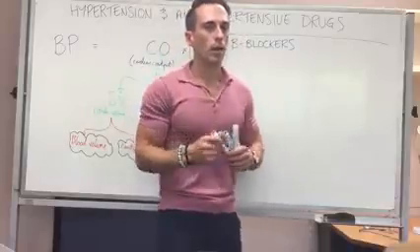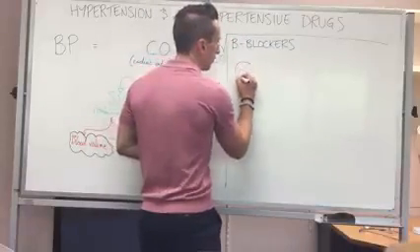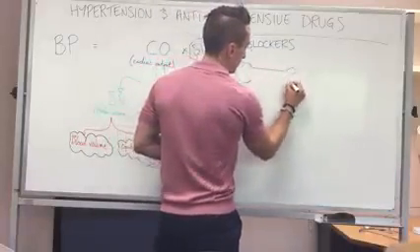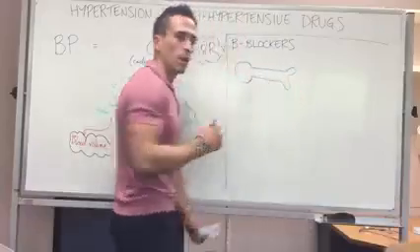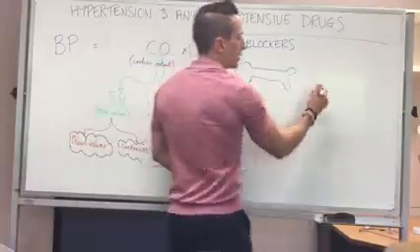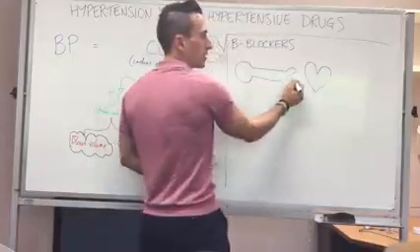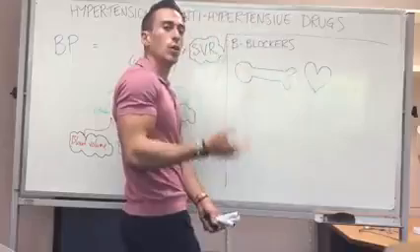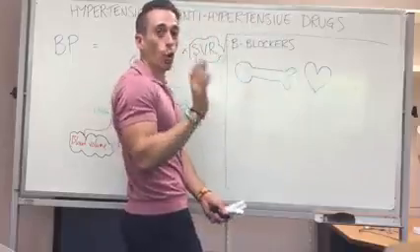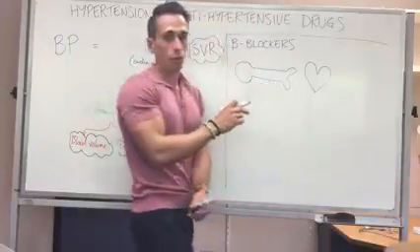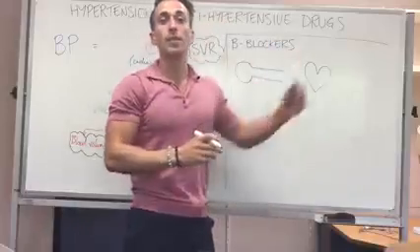So remember that if you look at a sympathetic neuron, the sympathetic neuron that innervates the target organ, let's just say the heart for example, has to release a neurotransmitter at the synapse. What's the neurotransmitter released at all sympathetic neurons at the target organ, at the effector organ?